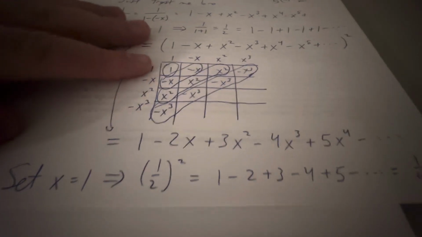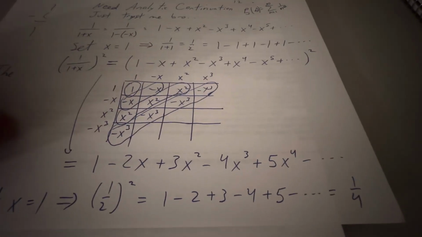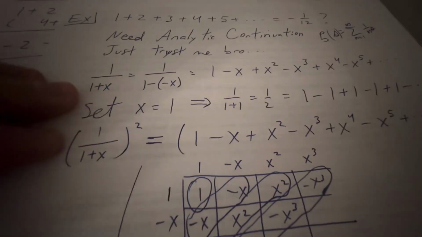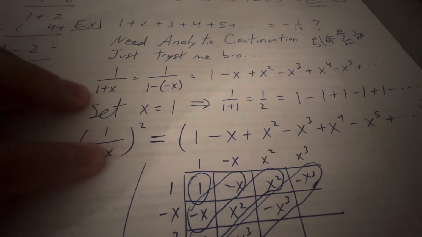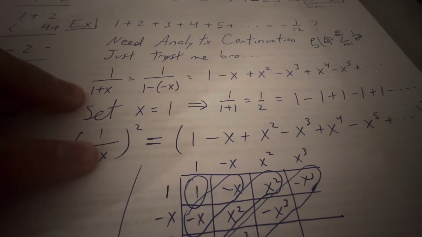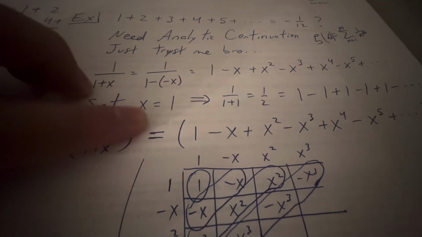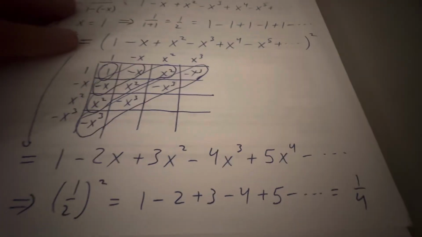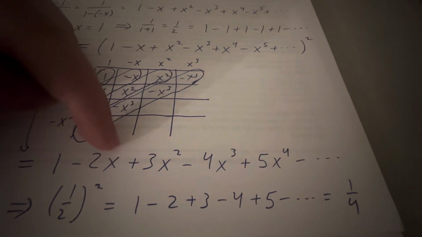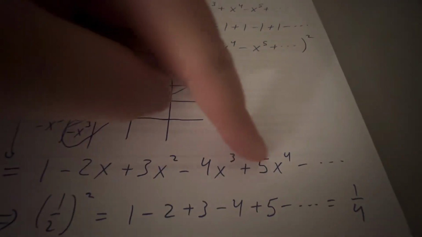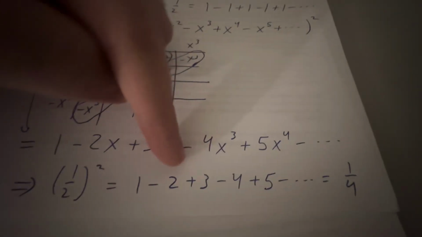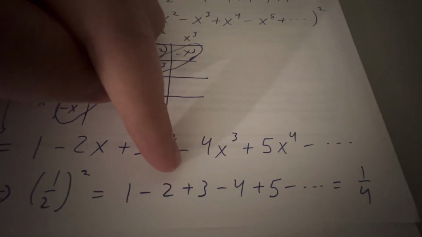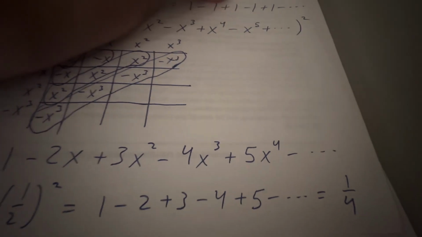And then if you plug in x equal to 1 again, then the left-hand side, so here, if I plug in 1 here, I'll get 1 over 1 plus 1. That's 1 over 2. Square it, you get 1/4. So I get 1/4 is equal to this expression evaluated at 1. So I get this very weird divergent sum that supposedly equals 1/4.